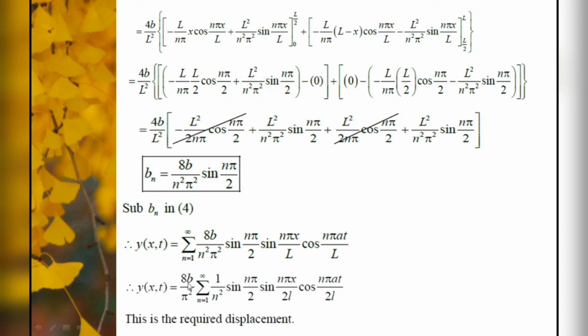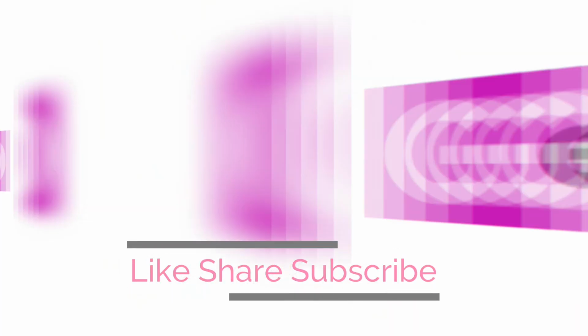Therefore, we get this as 8b divided by pi squared summation n equal to 1 to infinity 1 by n squared sin n pi by 2 into sin of n pi x by 2L cos n pi at by 2L, and this is the required displacement. So with this we complete this.